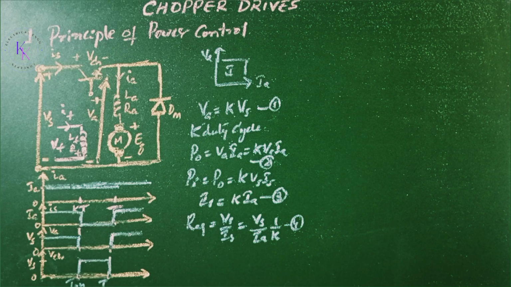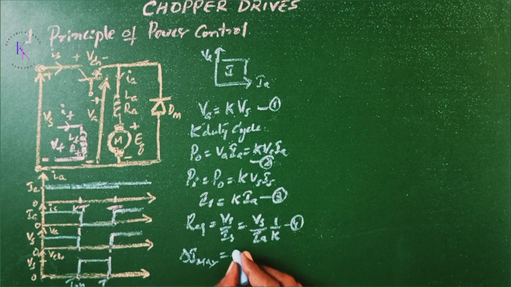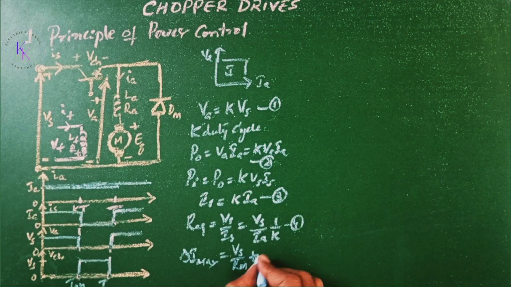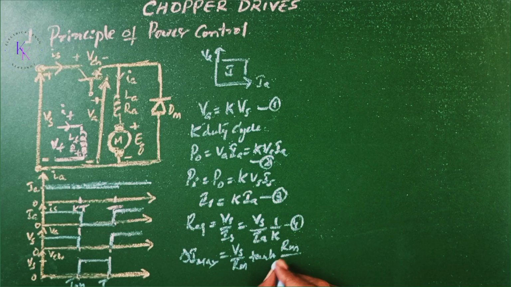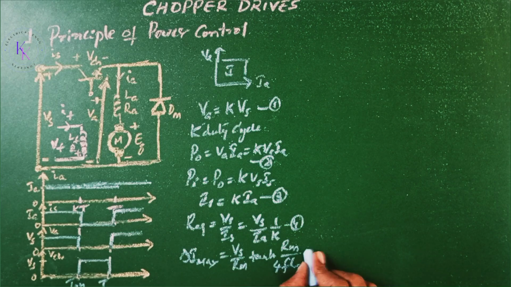For a finite armature circuit inductance, we can find the maximum peak-to-peak ripple current as delta I max equals Vs by Rm tanh of Rm divided by 4f Lm. Equation number 5. Where Rm and Lm are the total armature circuit resistance and inductance respectively.